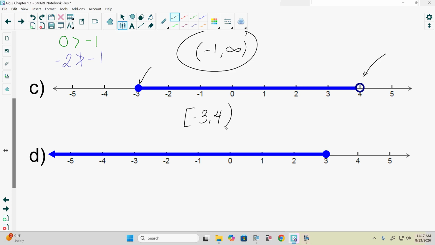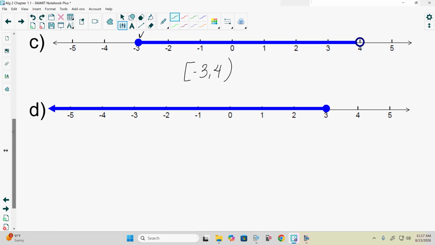Let's look at one more. How many endpoints do we have? So that means that this is unbounded. And we will need that endpoint. We will need that 3. Is this going to positive infinity or negative infinity?